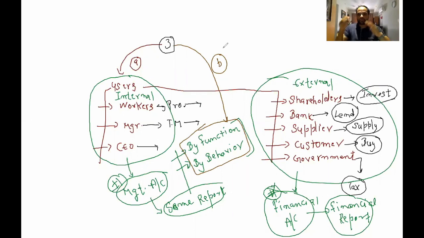All right. So 3A is the types of users, and 3B is different reports used by the management accountant to provide financial information to internal users, right? So let's talk about 3B now.